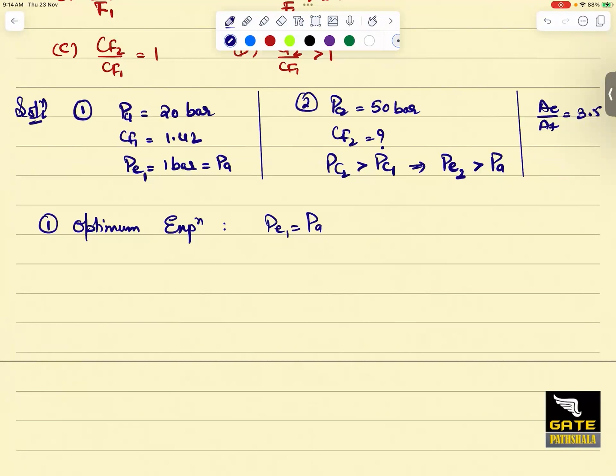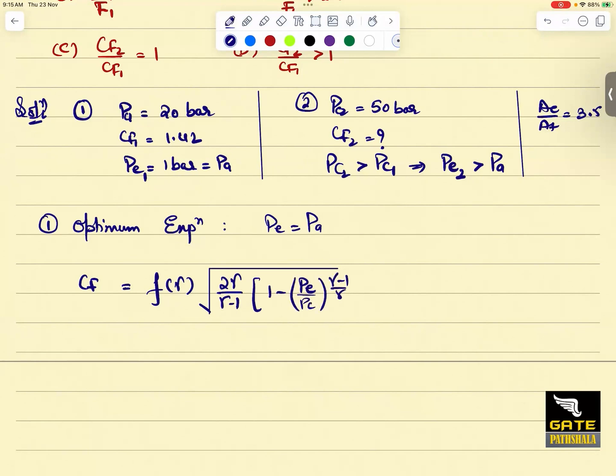So for this case, you first write CF. CF is the square root of 2 gamma by gamma minus 1 into 1 minus (PE by PC) to the power (gamma minus 1) by gamma, plus AE by AT into (PE by PC minus PA by PC).